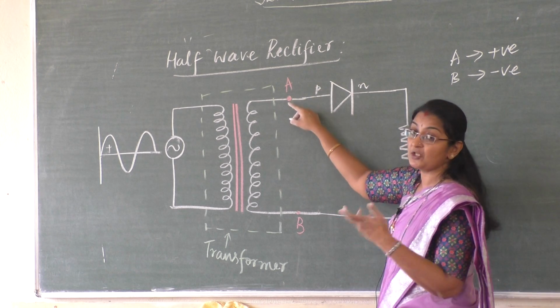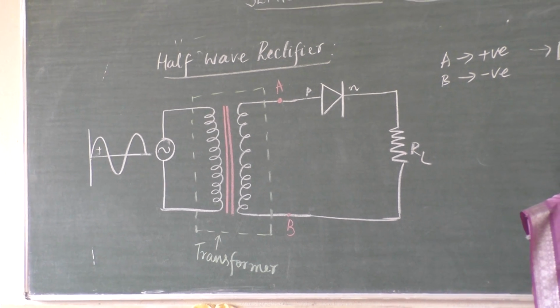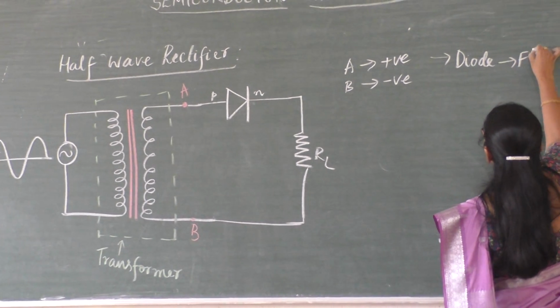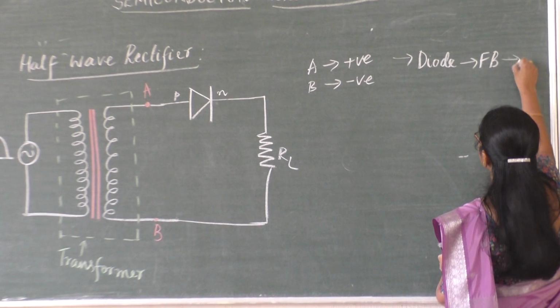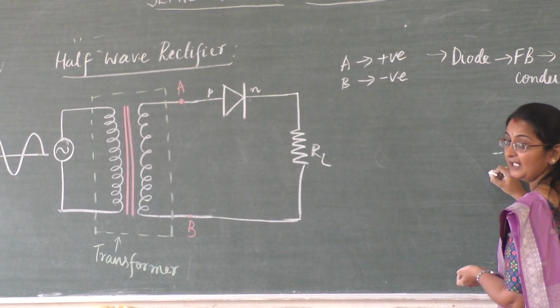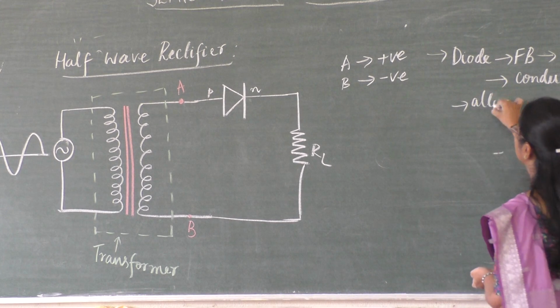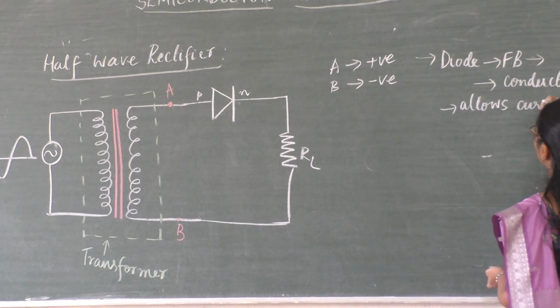Whenever P is connected to positive, we say the diode is under forward bias. If it is under forward bias, what happens? It conducts. When it conducts, it allows current to flow through it.